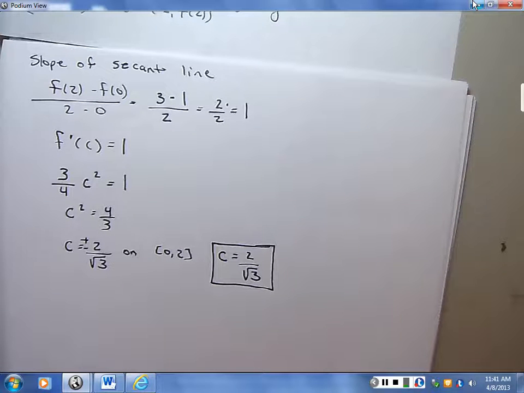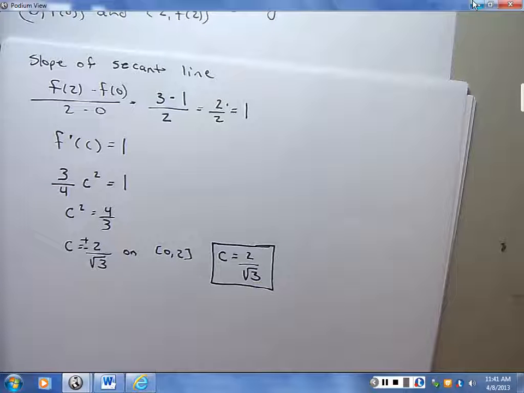So the consequences of the mean value theorem are along the lines of the consequences of what you already know. If I know the function is increasing, the secant line is positive, then the function has to be increasing on that interval, right? If it's always increasing, the secant line has to be positive. If it's always decreasing, the secant line has to be negative.